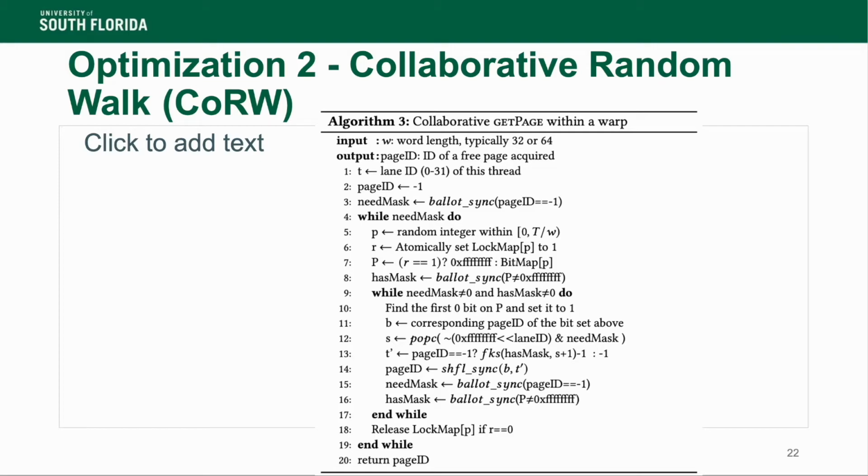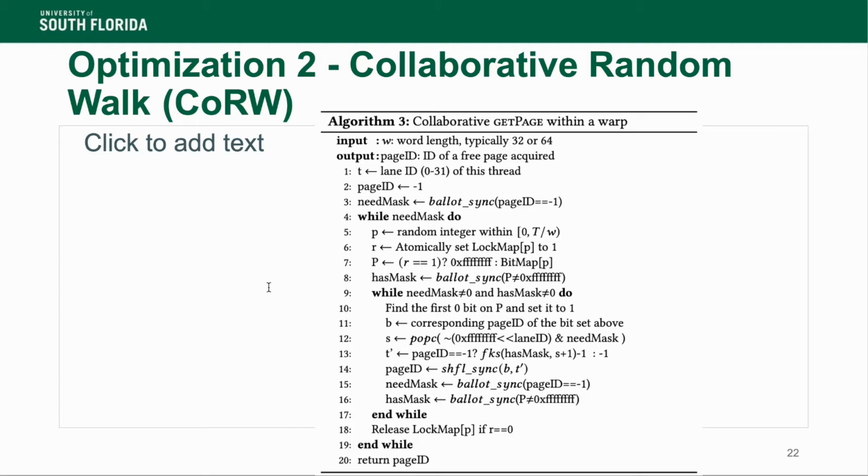So we perform this search process on all threads until all threads obtain a page. That means that the need mask becomes 0, like on line 4. This process is repeated as follows. First, each thread reads a random word on the bitmap, like on line 7.